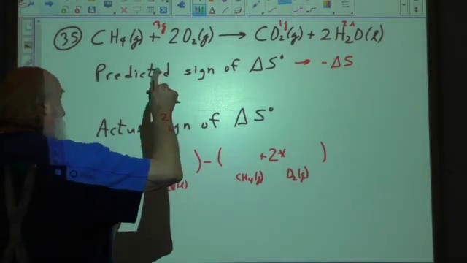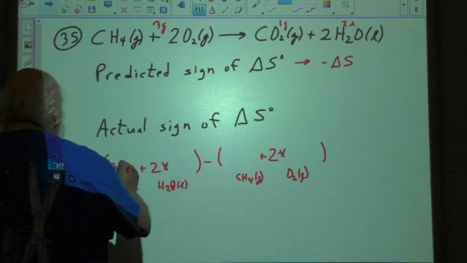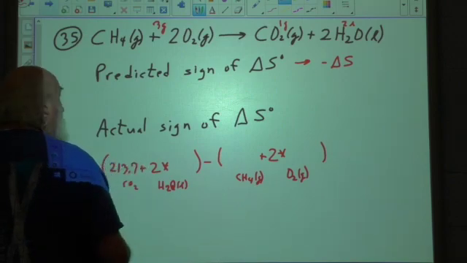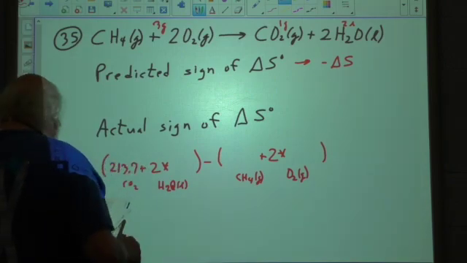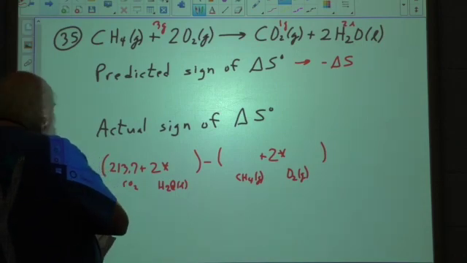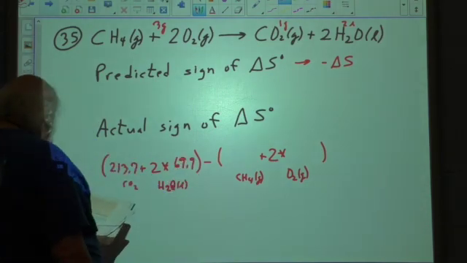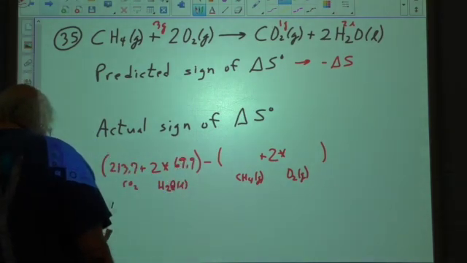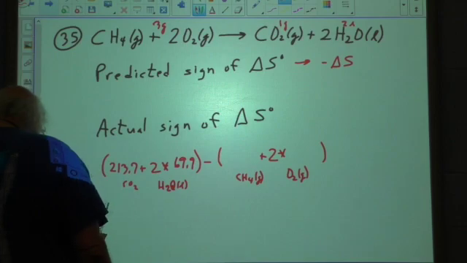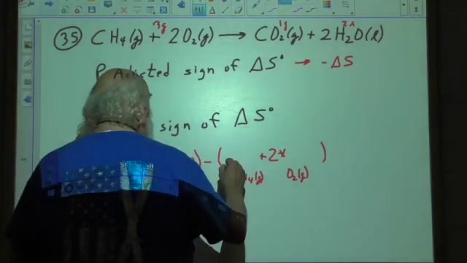We have CO2, carbon dioxide, and that is 213.7. And we've got 2 waters. That's going to be water, liquid, 69.9. CH4 goes into the carbon part. CH4 is on the left-hand column, 186.1.